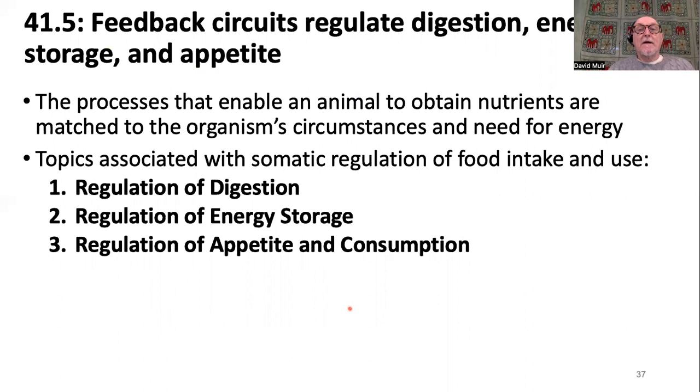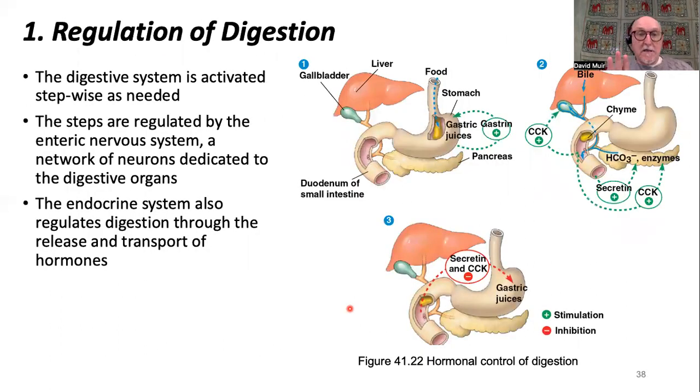So I'm not going to, you don't have to know all the details here. But all I want to show you in this diagram is, first of all, an organ like the stomach can talk to itself through feedback information. For example, our stomachs can gauge how stretched they are, how full they are.